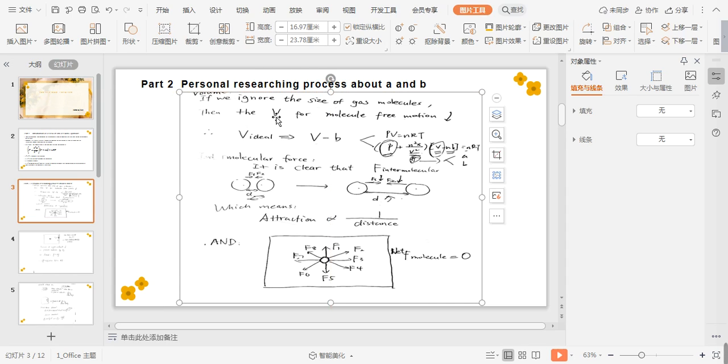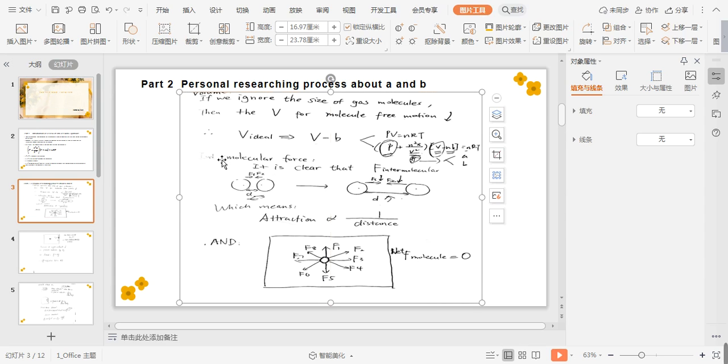This causes the volume for free molecular motion to decrease. So we can write the equation as V ideal equals V minus b. V ideal is in the ideal gas law, and this V is in the van der Waals equation. The b I will talk about in the next part.